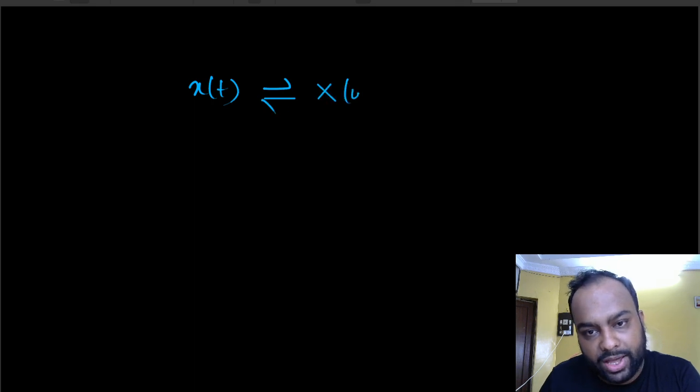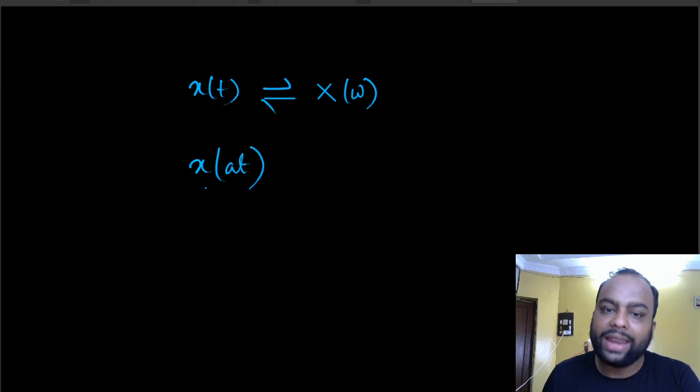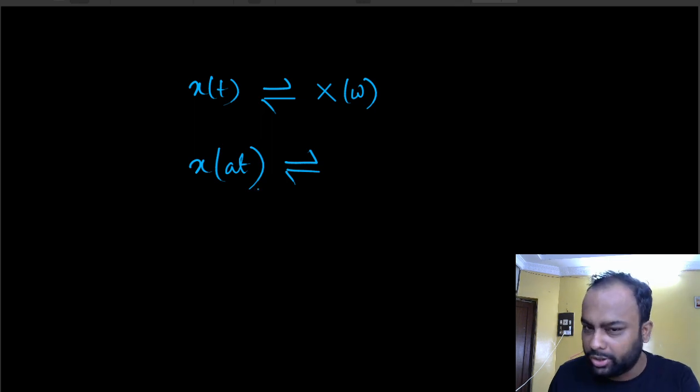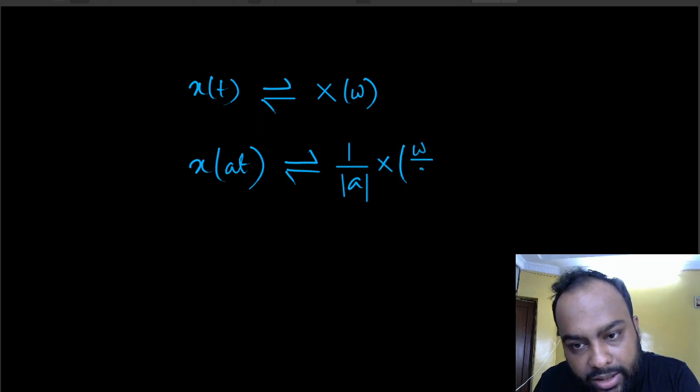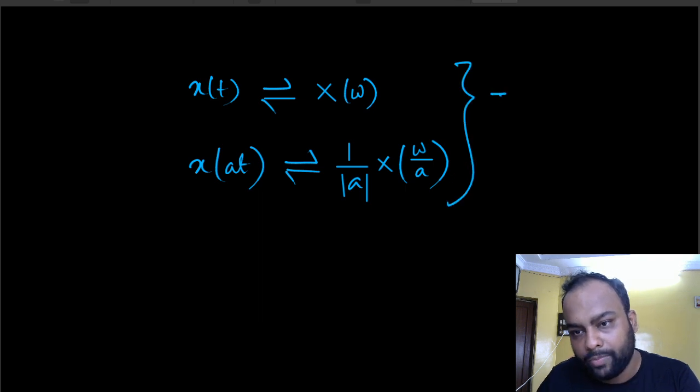This time we are going to look into the property known as the time and frequency scaling property, which states that if the Fourier transform of x(t) is X(omega), then the Fourier transform of x(at), where a is any constant scalar quantity other than 0, of course, is going to be 1 by mod a X(omega by a). So this is called the time and frequency scaling property.